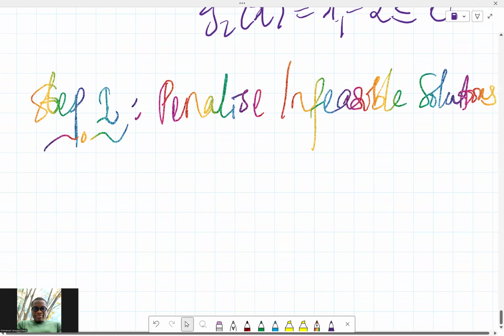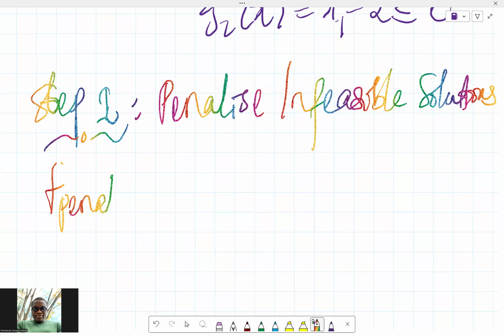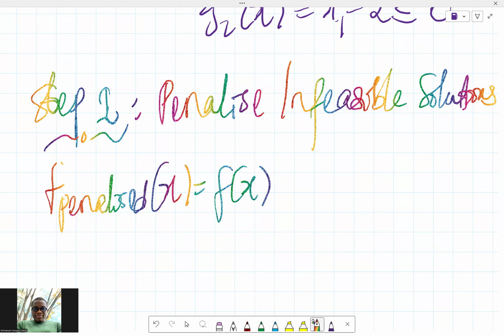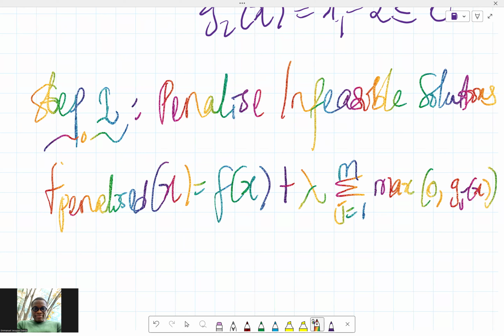And the way to do that is to say a penalty function can be used to incorporate constraints into the fitness function. So that means we have f penalized of x now is equal to the objective function f of x plus the penalty parameter, multiplied by summation from j equals 1 to m of the maximum value of 0 and the constraint gj of x, all squared.